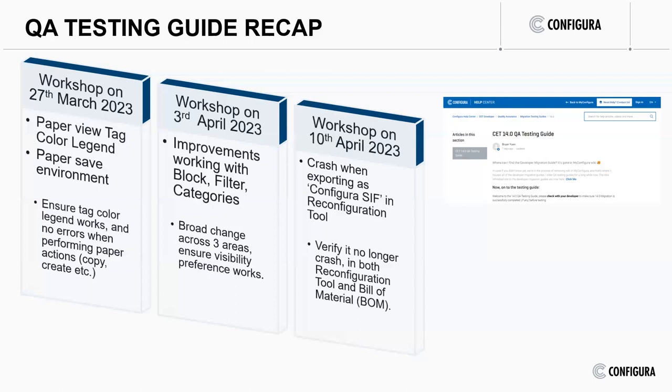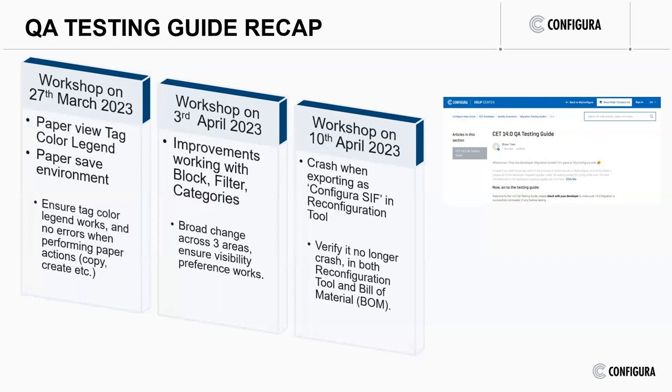And in our second workshop on the 3rd of April, we talked about the improvements of working with the blocks, filter, and categories. This affects switching on or off the filters in a block. Last time, if you hid something in the block, it would hide the whole block together.